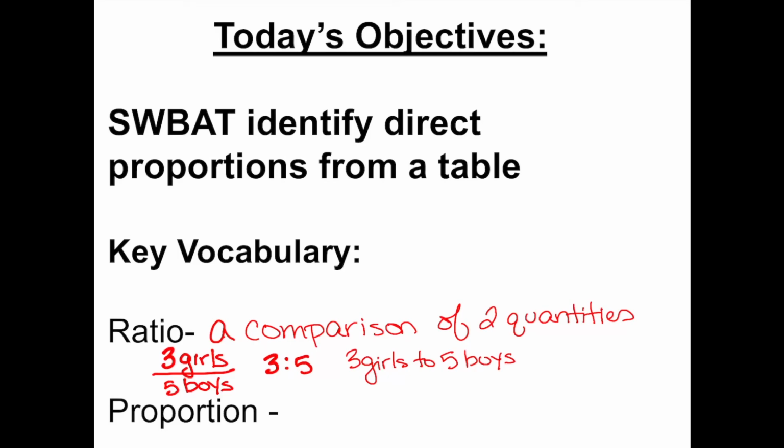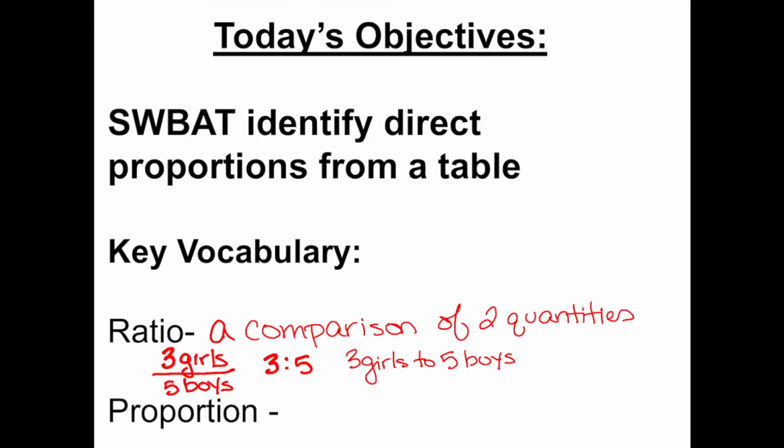A lot of times ratios can represent fractions, but not all fractions are ratios. Okay? Now, a proportion has something really, really special or a kind of relationship with ratios.